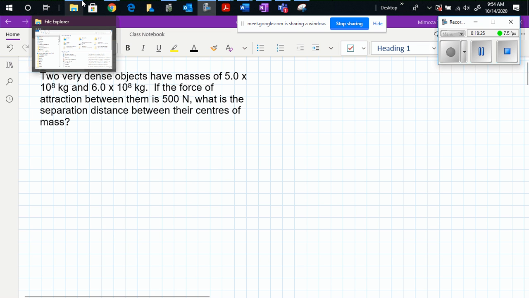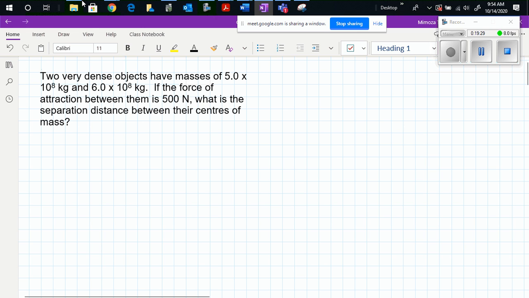Okay, so this is the second example. Now what we see is two dense objects with masses 5.0 times 10 to the power of 8 and 6.0 times 10 to the power of 8. If the force of attraction between them is 500 newtons, what is the distance between their centers?